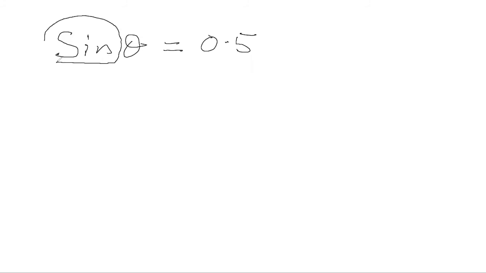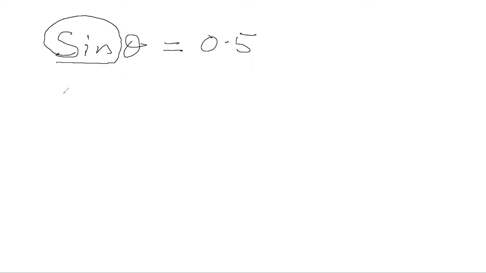In trigonometry, many students misunderstand this equation. Sine theta equals 0.5. They cannot understand the meaning of this. They think that sine is a variable.